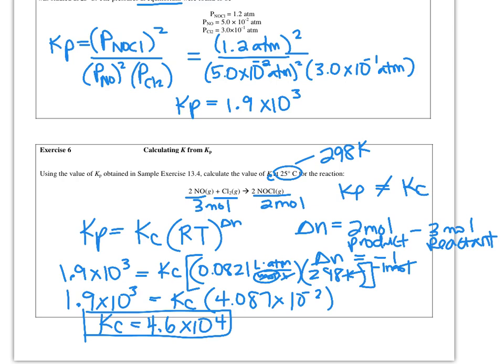And then we practiced how to convert Kp to Kc after we find those constants, and then what to do if we manipulate the equation with the K values to find those as well. So not too hard. I know it's kind of a lot I just threw at you. We're going to practice it some more in class, and then we'll talk a little bit more about the change in K values and what those mean, okay?